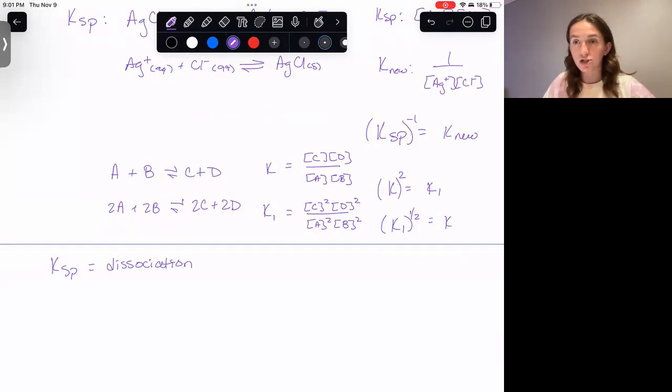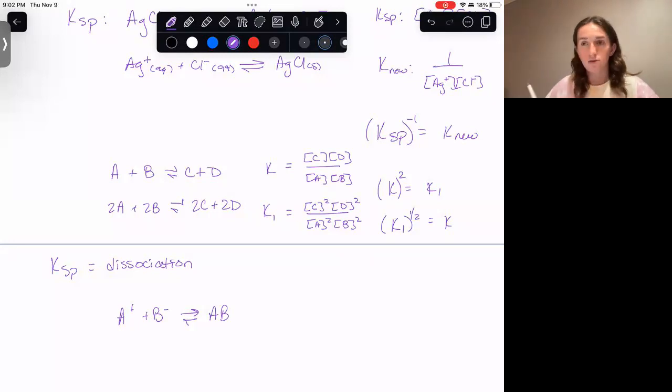If your reaction is showing something forming, if we have A plus B forms AB, we're forming something that's not a dissociation, that's the opposite of a dissociation, that's an association. So using context clues, we would need to say, okay, this is the opposite of what the dissociation would be.